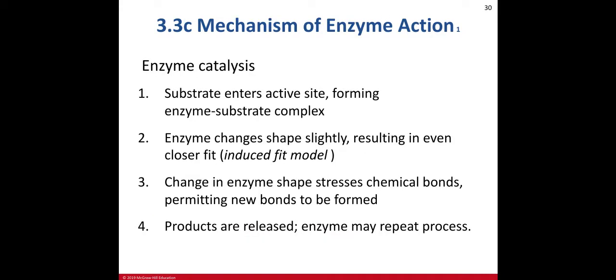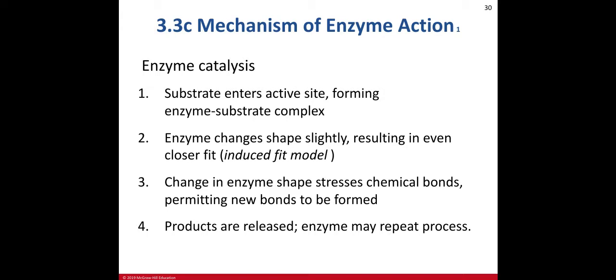So let's look a little bit deeper at this enzyme structure and how this all works. We call it catalysis. So we've got this substrate that is going to enter into the active site. That makes our enzyme substrate complex. The enzyme is going to change shape and even result in this much closer fit. It's called an induced fit model.